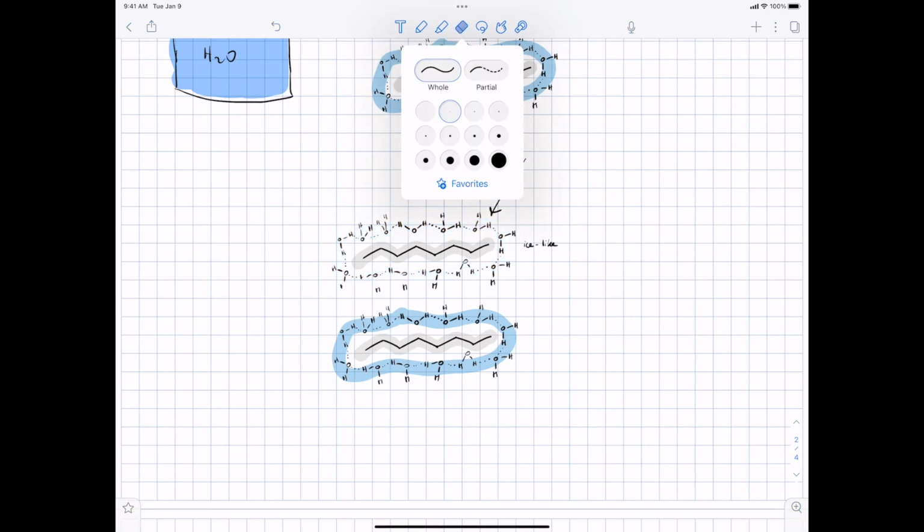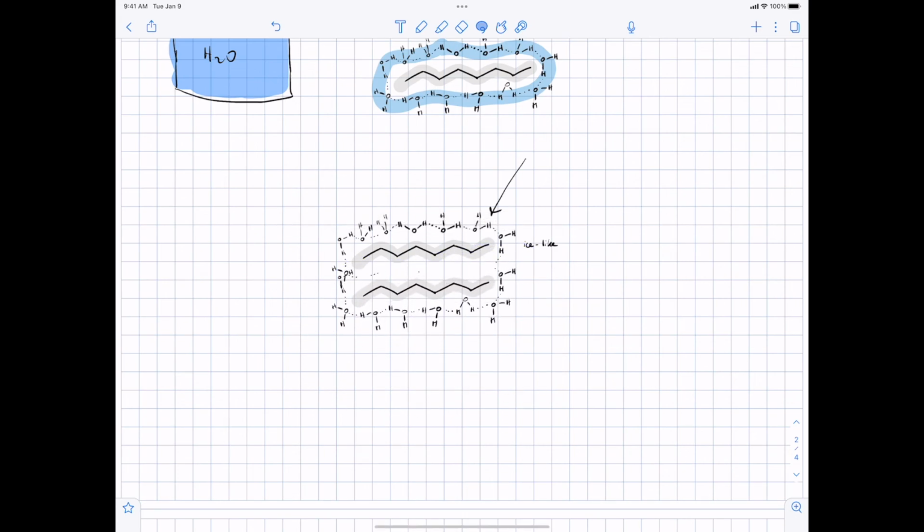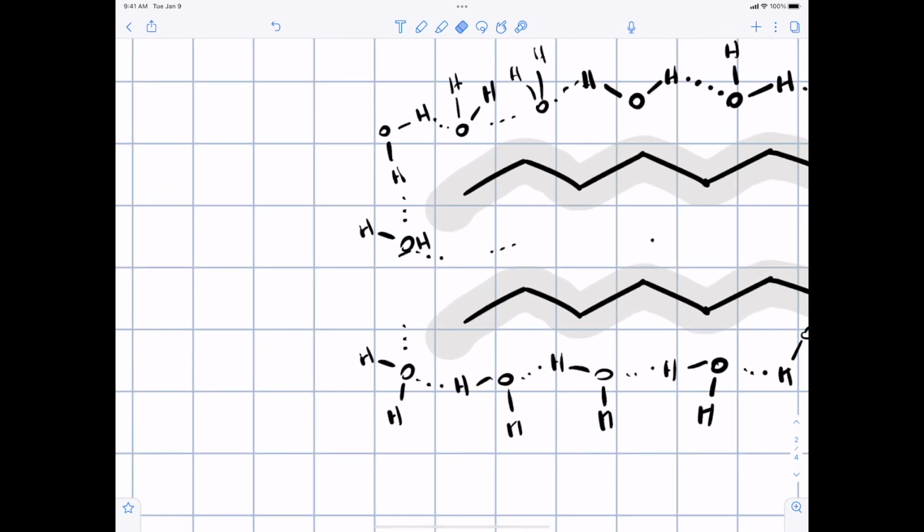I'm going to have to do some erasing. We had all of those go free. We had all of these go free. Sorry.